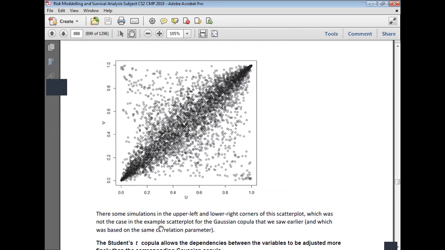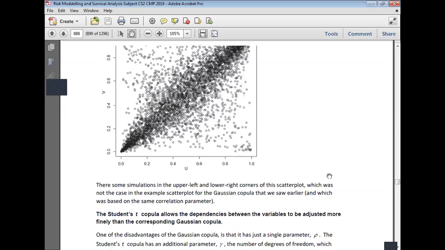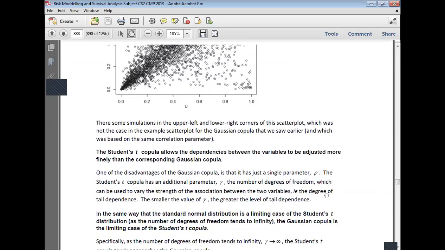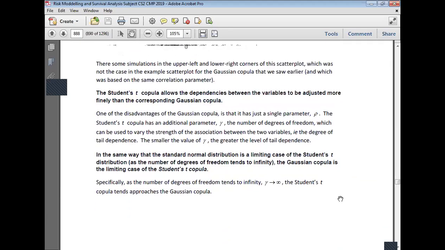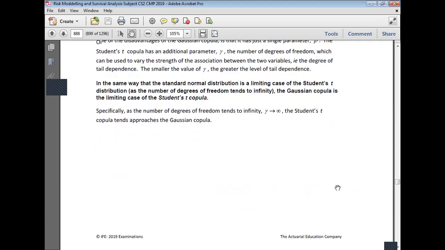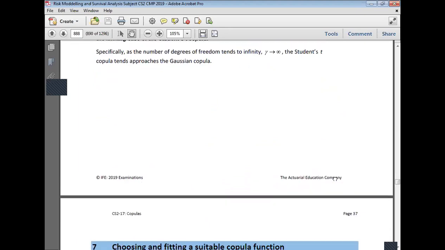There is some chance, even if minuscule, that you will observe a value of V which is lower, given that you have observed a value of U this high. That is what happens in t. And if you see, these are a bit denser than what it was in the Gaussian case. So it tries to capture this dependency a bit better than your Gaussian copula would. I guess that is all they are trying to say here.